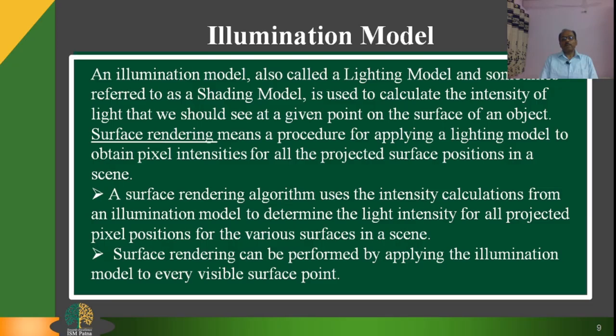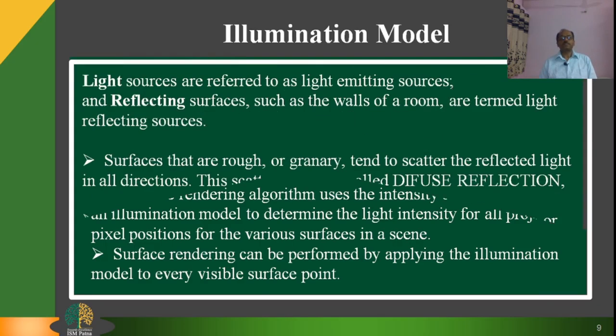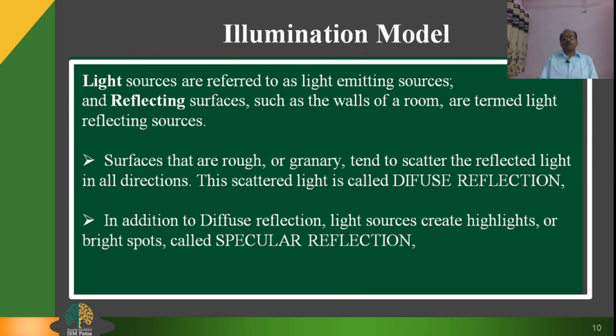Surface rendering can be performed by applying the illumination model to every visible surface point. Lighting sources are referred to as light emitting sources and reflecting surfaces are considered as walls of a room and termed light reflecting sources. We often find that a luminous object in general can be both a light source and a light reflector.